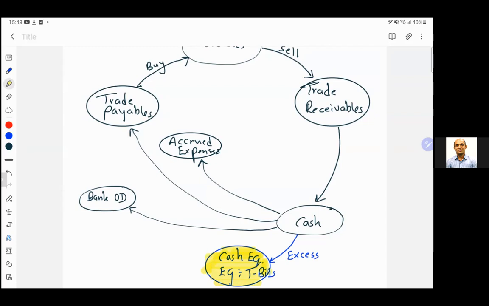There are situations where you can't do that. For example, sometimes you have pledged this treasury bill as a security for your short-term loans. You may have used these treasury bills investment as a security for your borrowings.